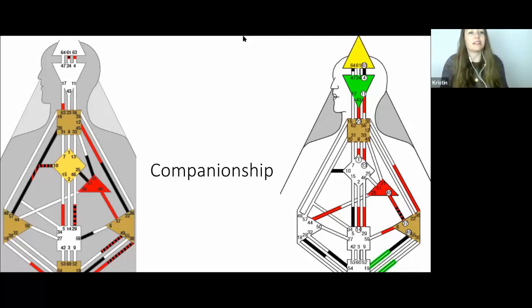Why aren't you listening to my input? You know, why can't I make a contribution? Why can't I make an impact? And in companionship, you're not in competition. You see that, oh, this is how you are in community. This is how you form community. And this is how I do it. And that's a place for connection.